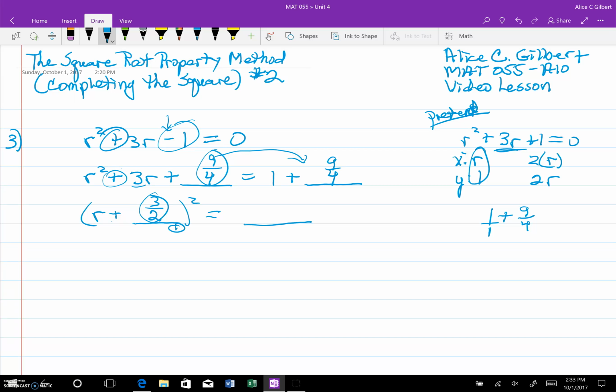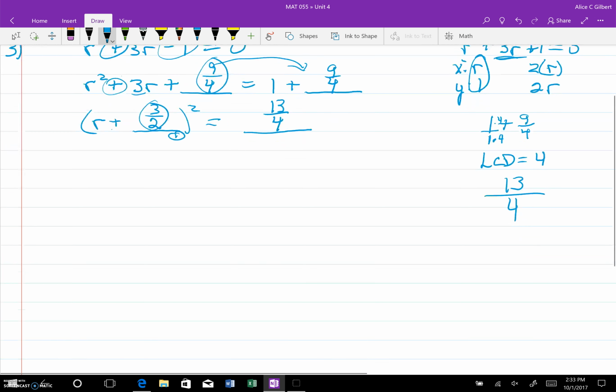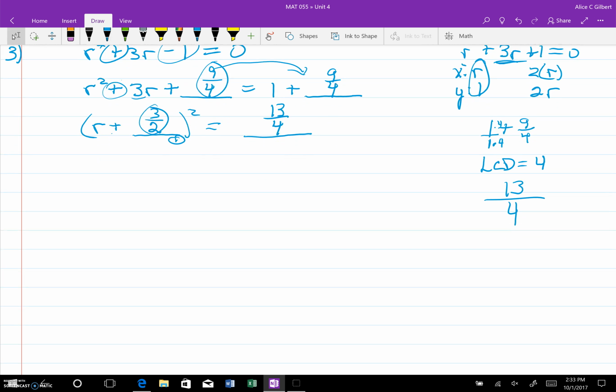I put him over 1. I need an LCD. My LCD is 4. So I need to multiply this guy by 4. If I do it in the denominator, I need to do it in the numerator. My denominator is 4, and 4 plus 9 is 13, so I get 13/4. Okay? Make sure you know how to do that.